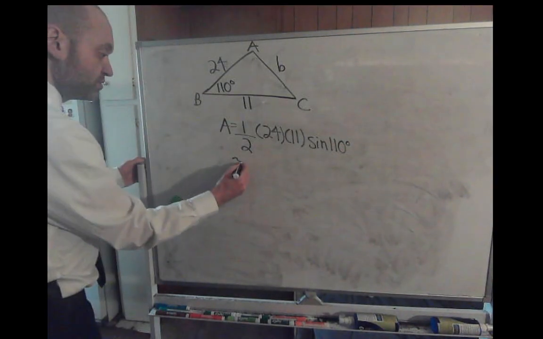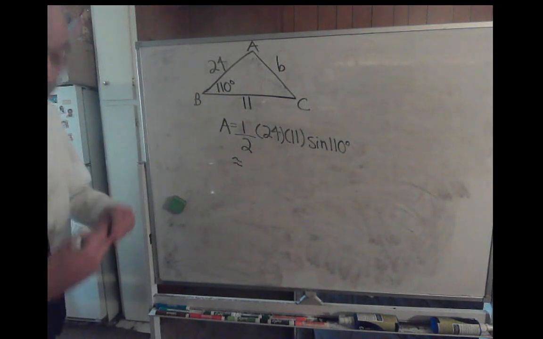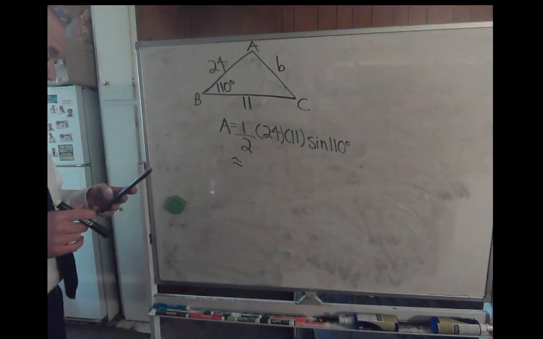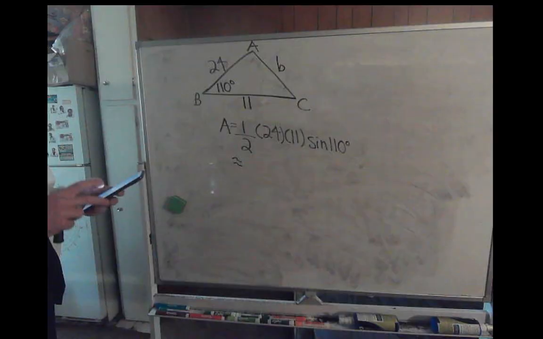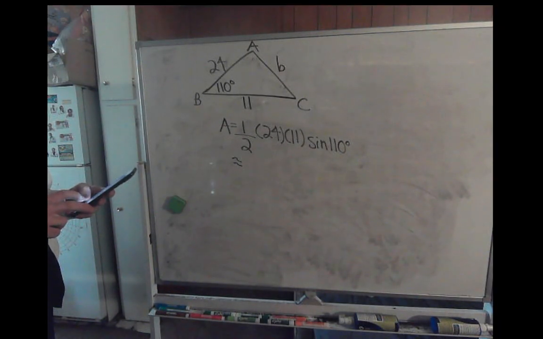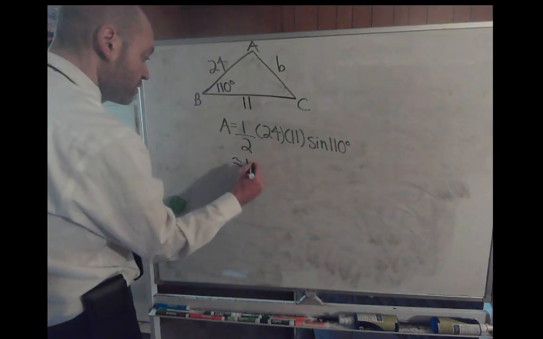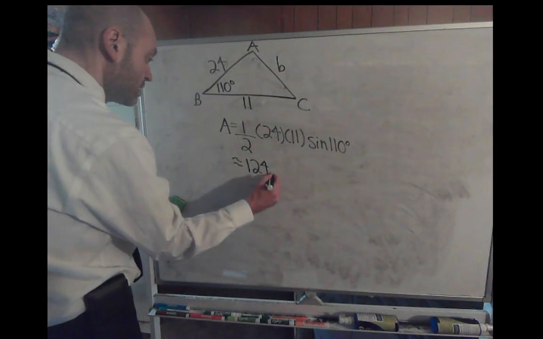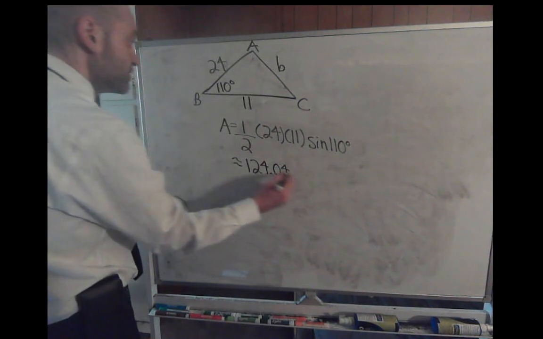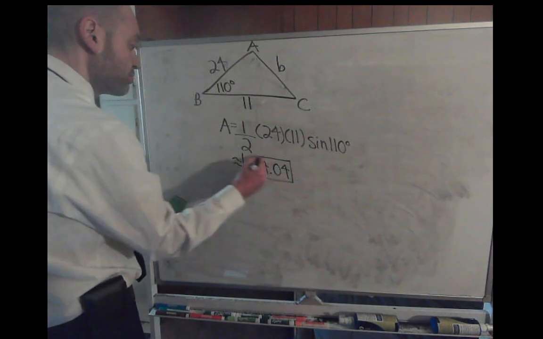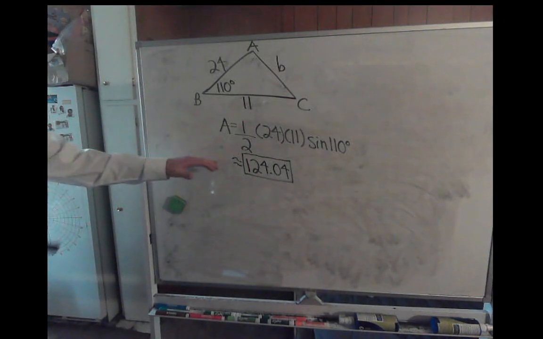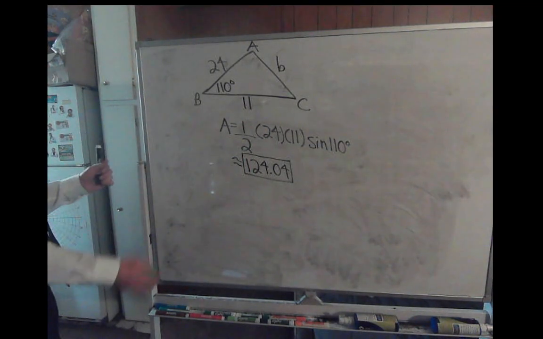With a two decimal place approximation, that would be about 124.04. So the area of this triangle is approximately 124.04 square units.